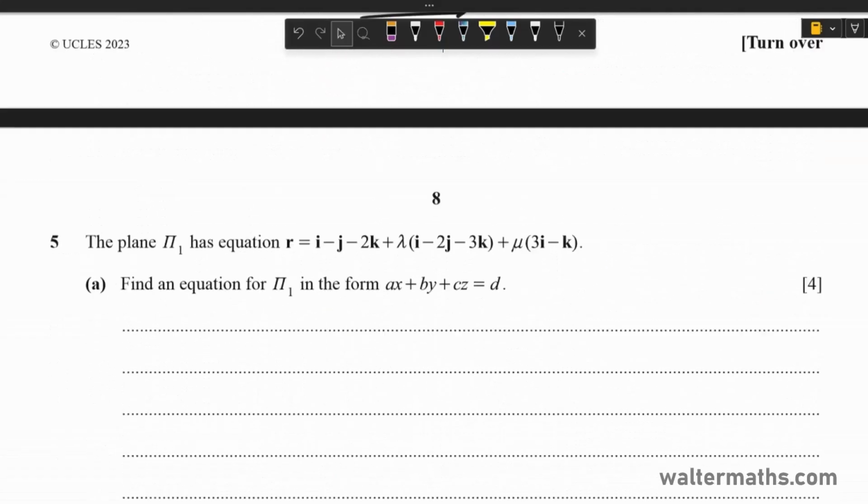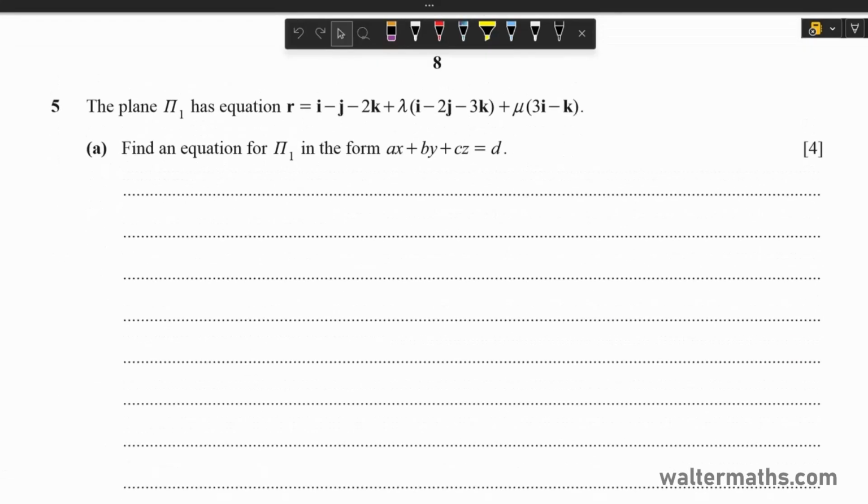Let's move on to number 5. On number 5, it says the plane pi1 has equation r is equal to i minus j minus 2k plus lambda of i minus 2j minus 3k plus mu of 3i minus k.